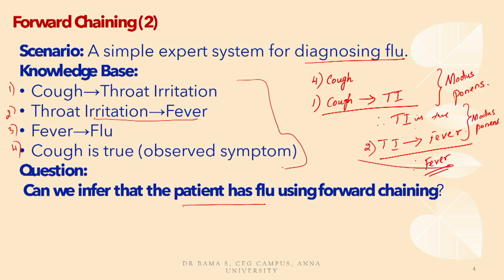And fever implies flu, which is rule 3. So, therefore, we get flu as a conclusion. This is how forward chaining helps to move from the set of axioms or facts to the conclusion. A similar case can be extended to predicate logic also.